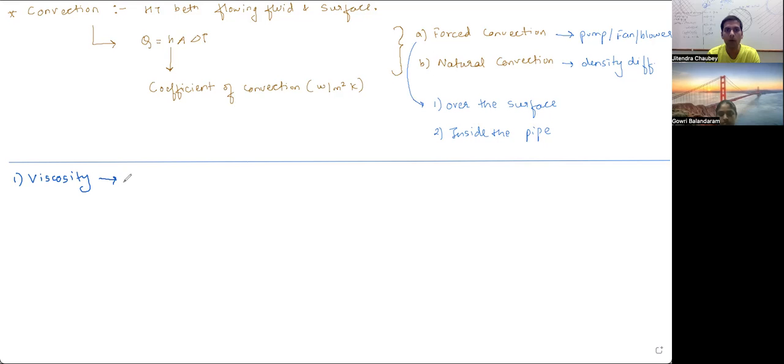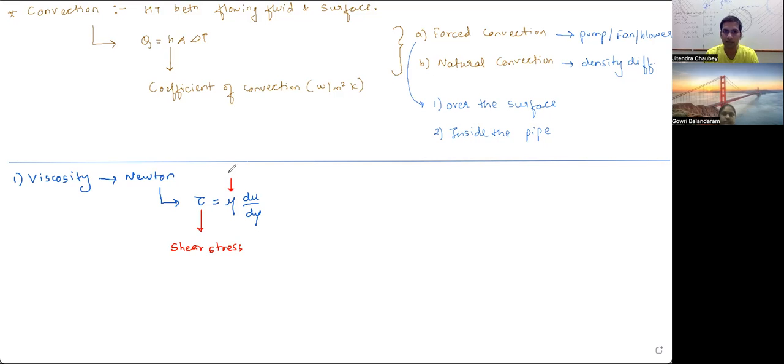Again, the law was given by Newton, called Newton's law of viscosity. The formula is tau is equal to mu du by dy. Tau is shear stress.